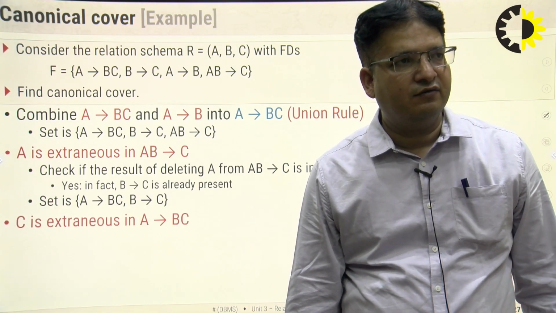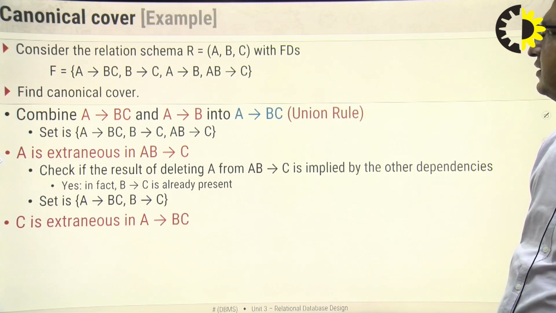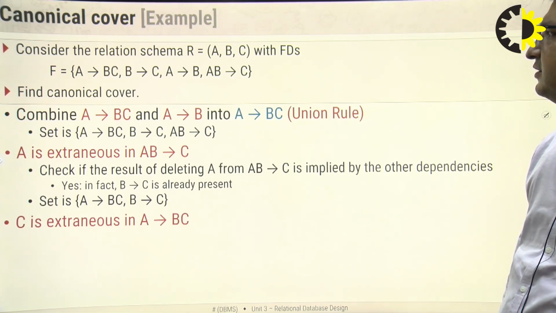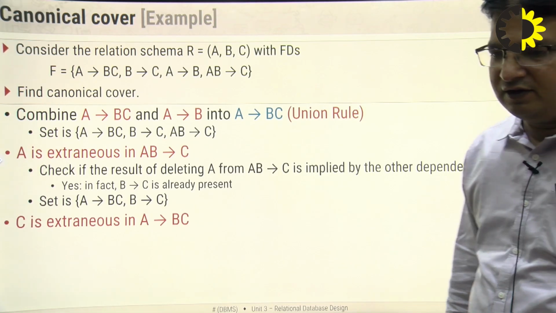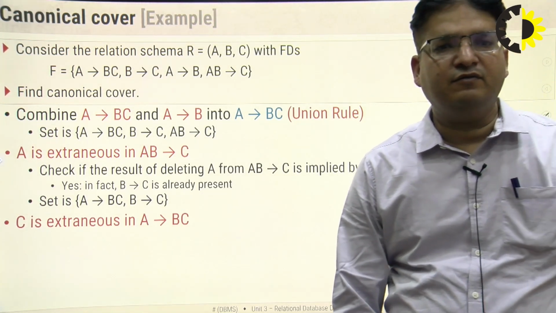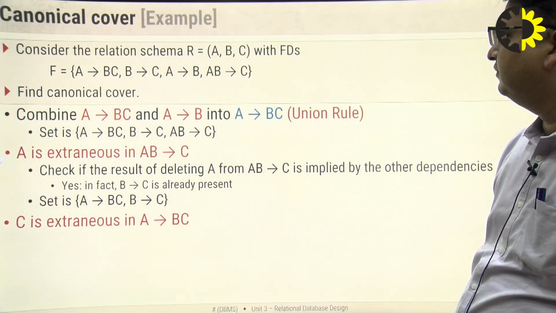Let us find the canonical cover. Consider the relation R having the attributes ABC with a set of FDs: A determine BC, B determine C, A determine B, and AB determine C. So we have to find the canonical cover, that is, we have to find the minimal set of FDs, that is the irreducible set of FDs. So what is the procedure?